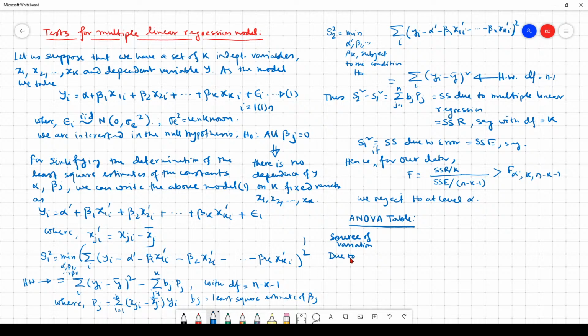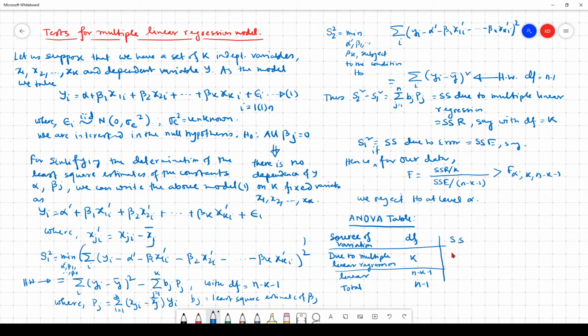The first entry is due to multiple linear regression, then error, then total. The degrees of freedom are K, n minus K minus 1, and n minus 1.